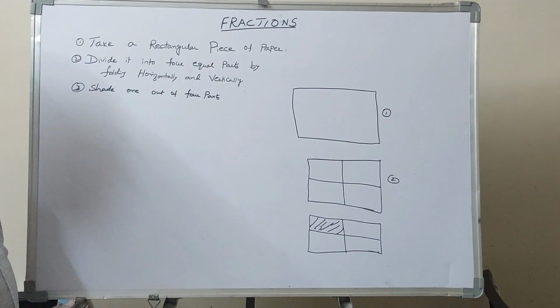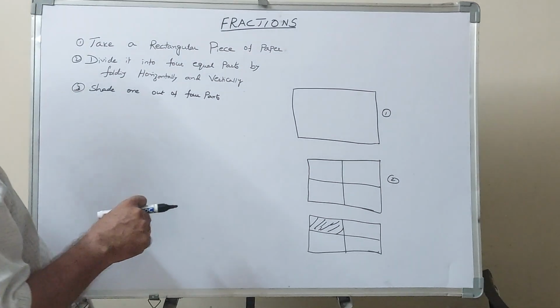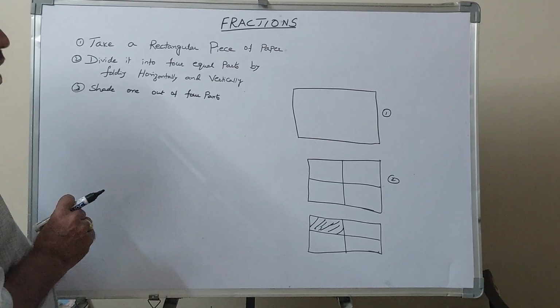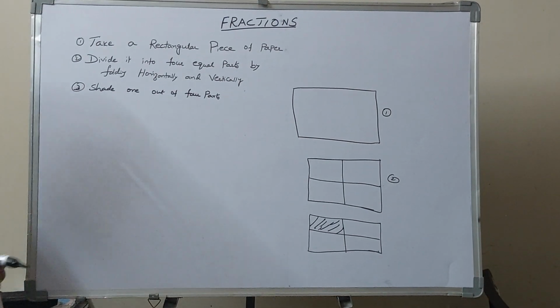So this is called 1/4 of the whole piece. The shaded part is called 1/4 of the whole.